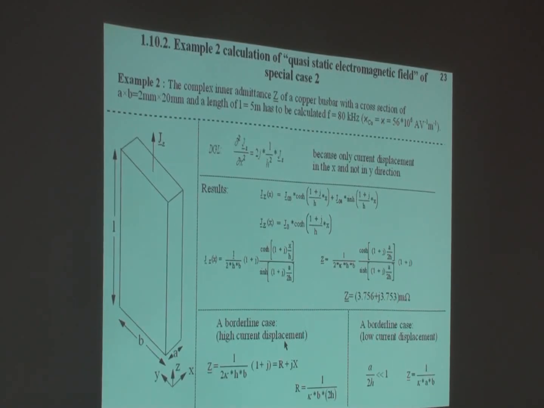So we have to calculate A as 2 times the skin depth, and this was B. So you can put in here and calculate this for a bus bar. It's an example for a bus bar.